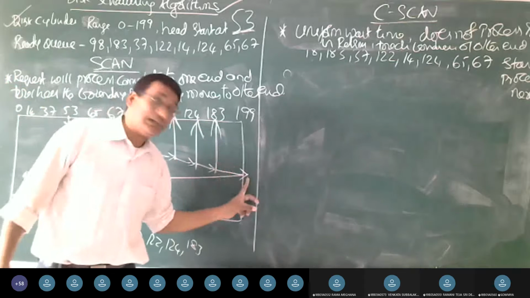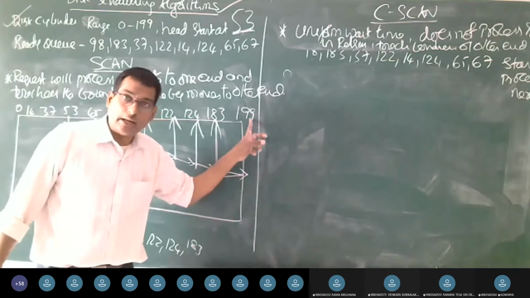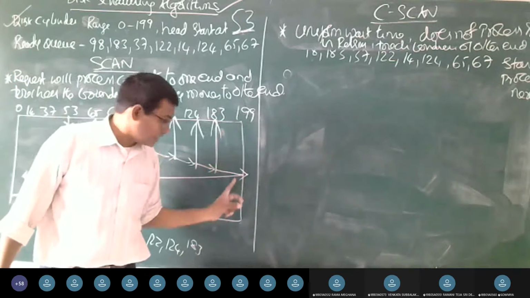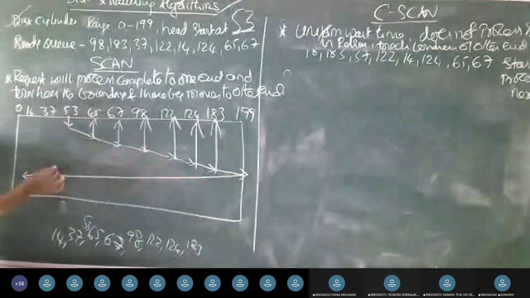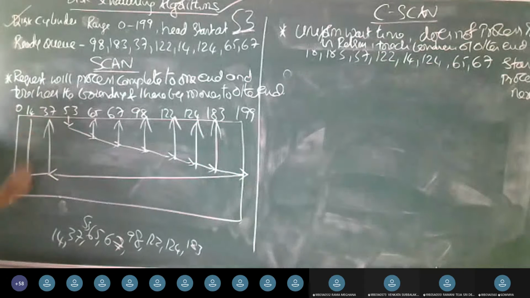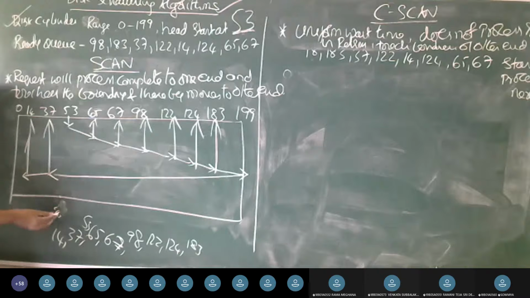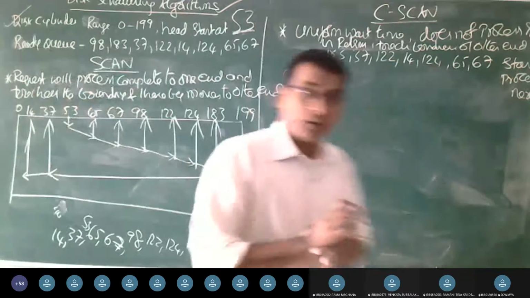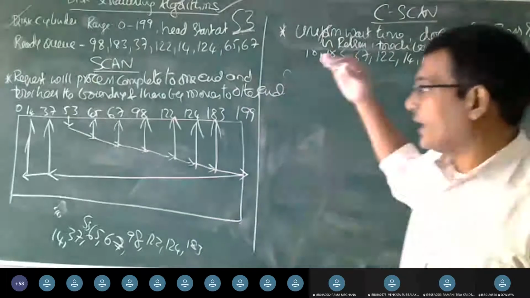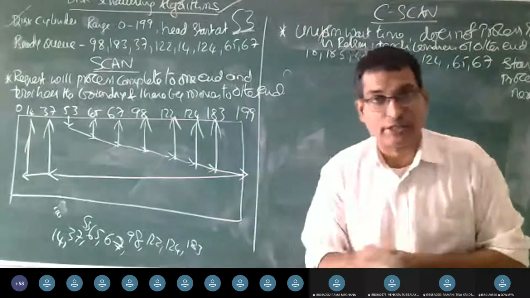And it touches the boundary. What was the boundary end? The boundary end was 199. After that, it comes back and processes the requests. Assume there is a 40th request here. It touches 0 and thereby goes to 40. So that is how the scan is differentiated.